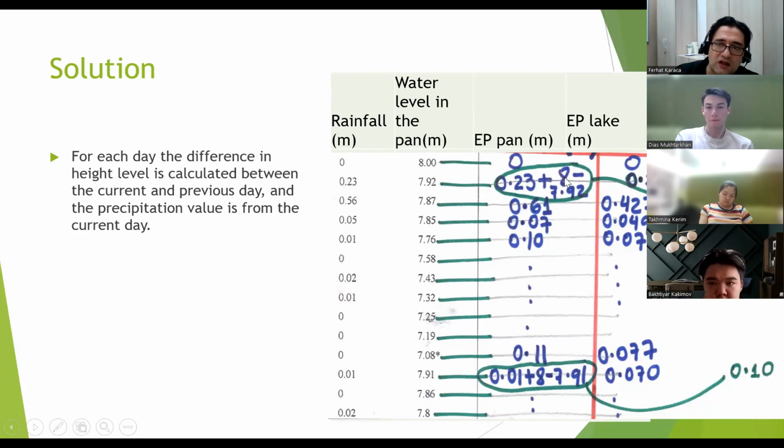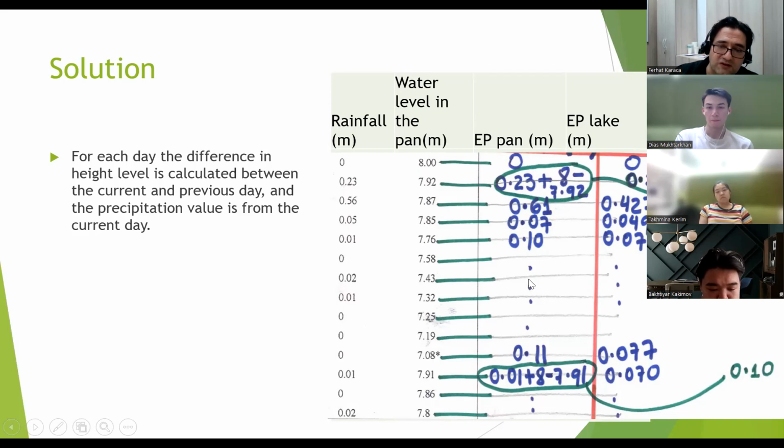If you subtract 8 and 7.95, you see the amount of water you are going to lose, and if you add that amount of rain, the total amount here is 0.31. So you will calculate first the EP pan values, and it's 0.31.